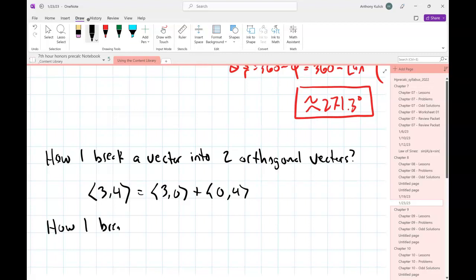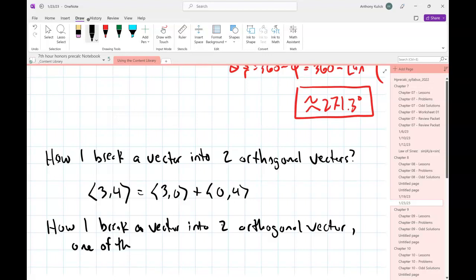What if I want to break a vector into two orthogonal vectors, one of which is in the same direction as a third vector?